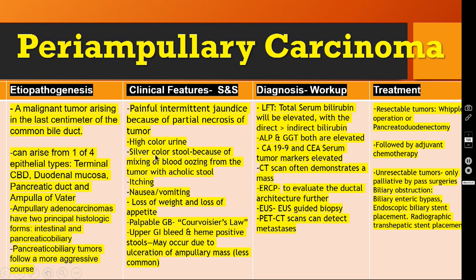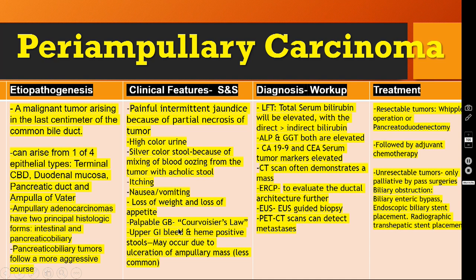This is very important, because of mixing of blood oozing from the tumor with acholic or clay color stool. That is the cause for this classical silver color stool. Patient also may have itching, nausea and vomiting, loss of weight and loss of appetite.